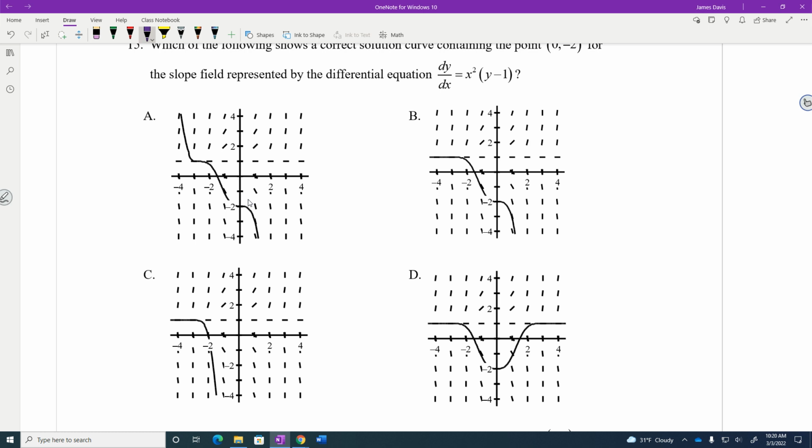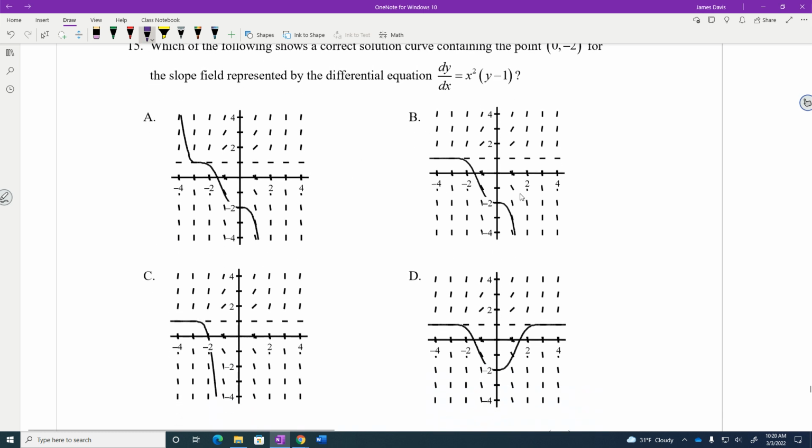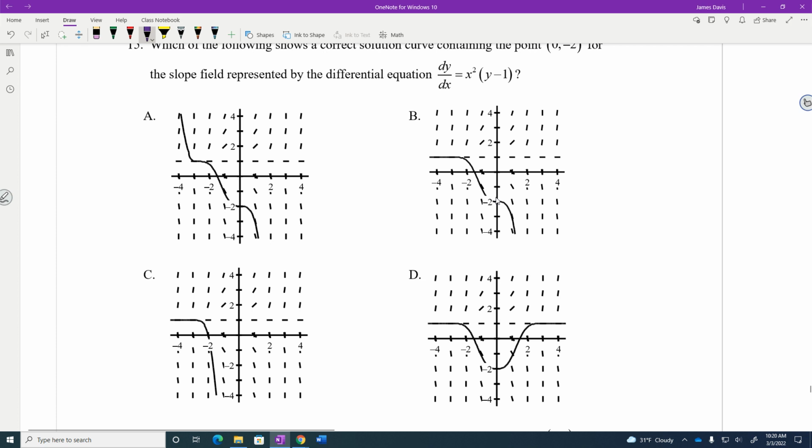So I would find 0 and -2 and figure out which one has the right sort of flow to it. We can definitely eliminate A, right? Because A crosses or it's undefined there.